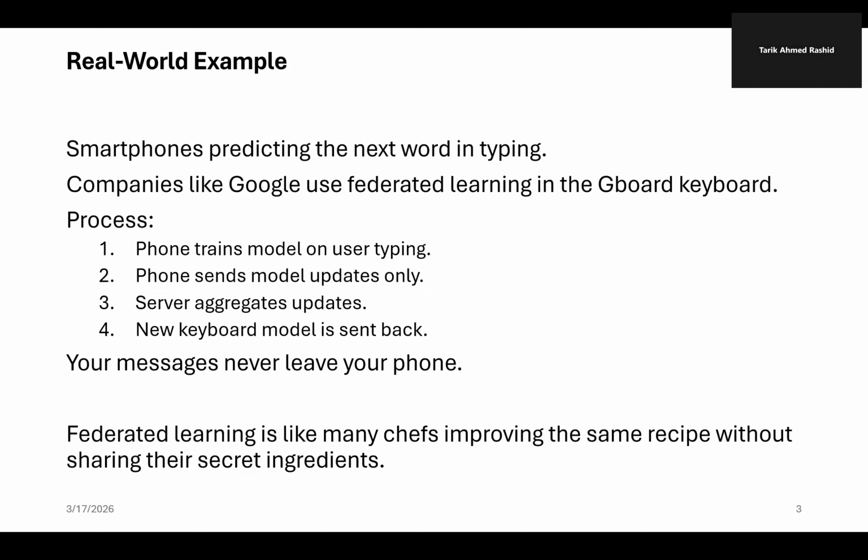Then the new model is sent back to each client or device. But your messages never leave your phone. So federated learning is like many chefs improving the same recipe without sharing their secret ingredients.